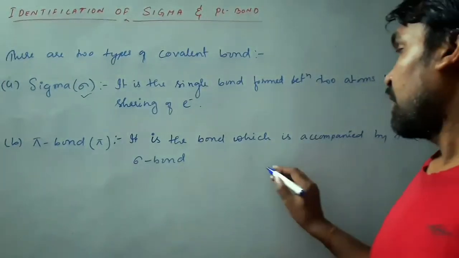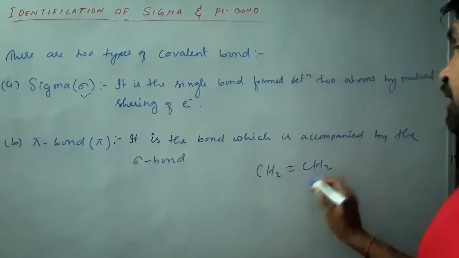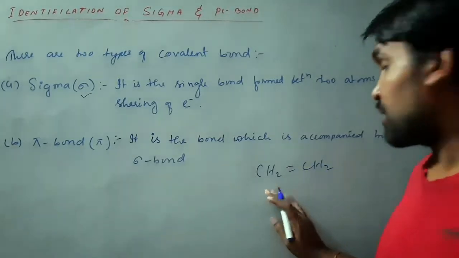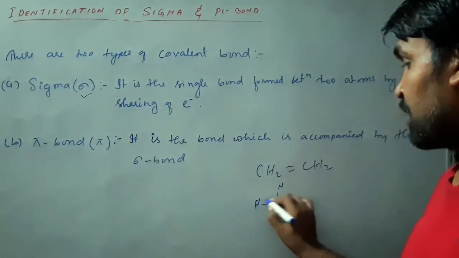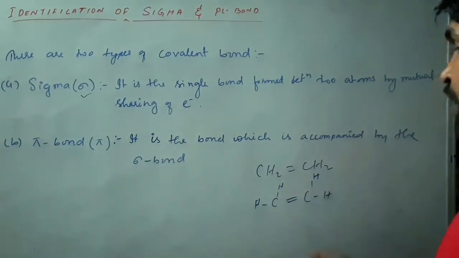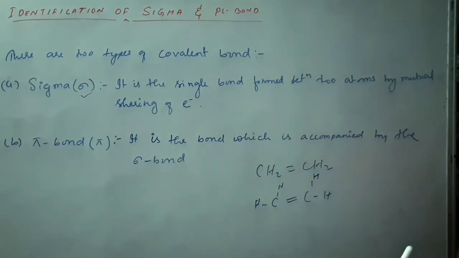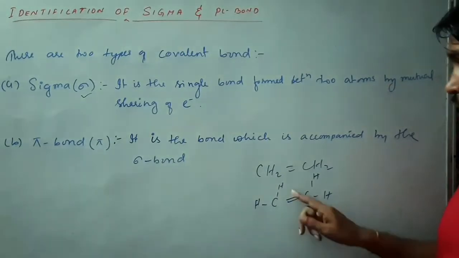For example, let us understand CH2 double bond CH2. If we draw the structural formula of this, you will be writing it how? CH, H, double bond, CH and H. Here you can see clearly that between carbon and carbon there is a double bond.